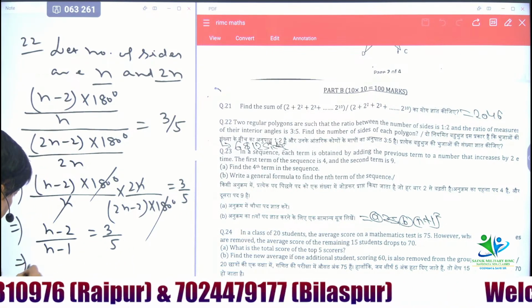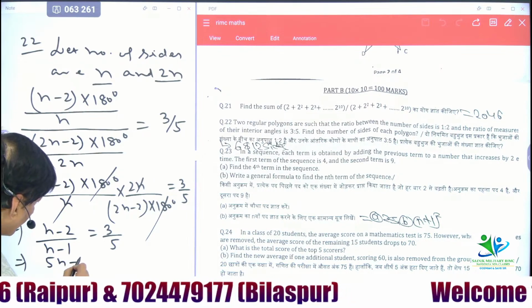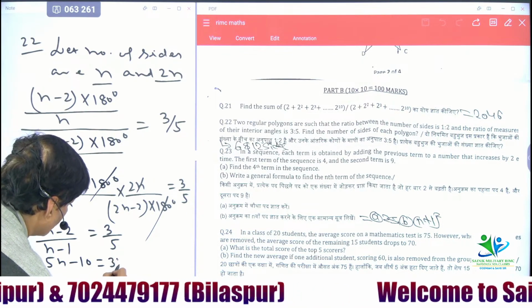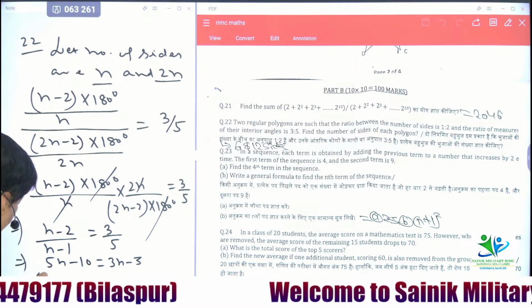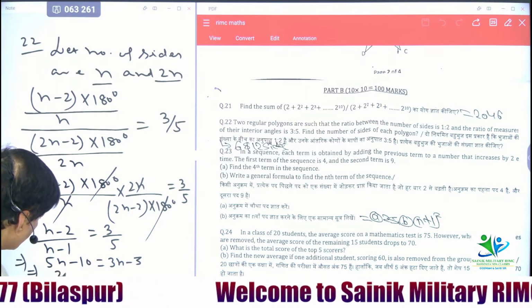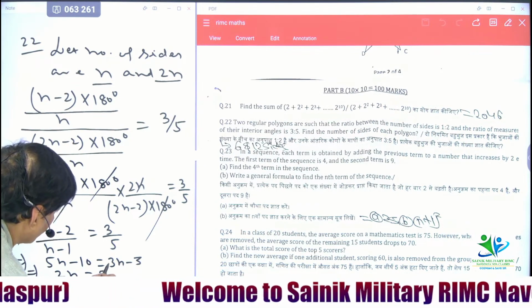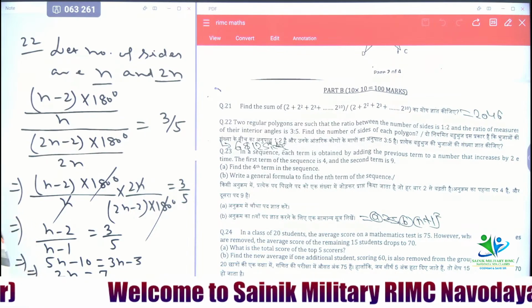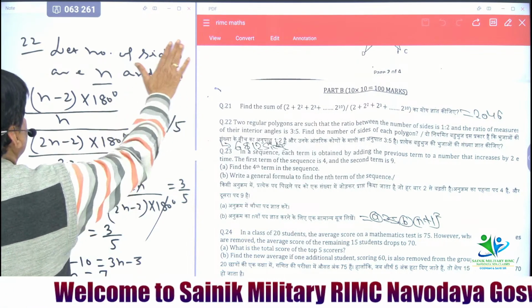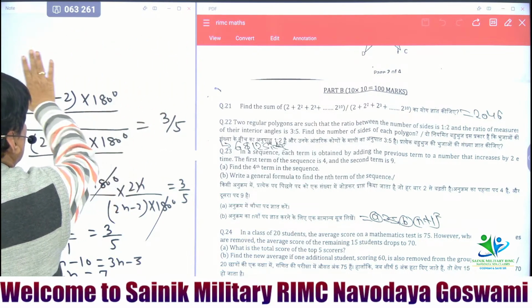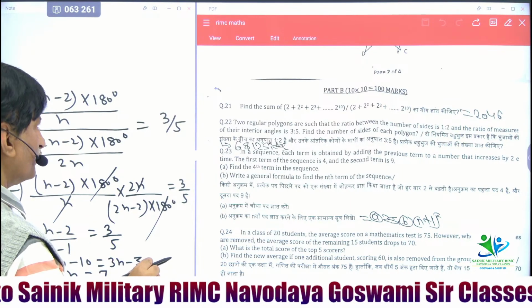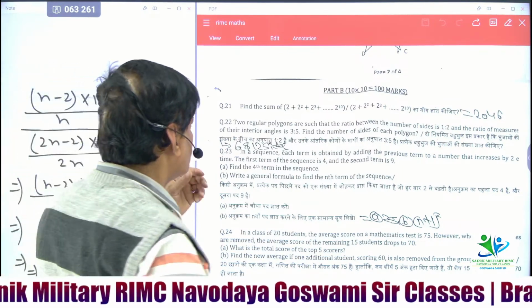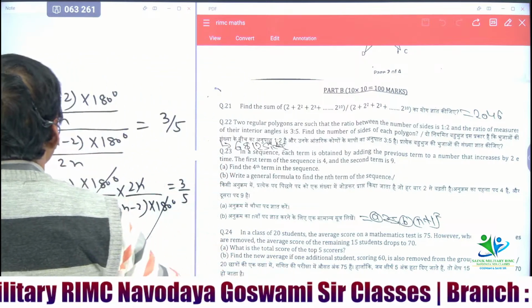By cross multiplication, 5n minus 10 is equal to 3n minus 3. And from here 2n is equal to 7. Here the number of sides of the polygon are n, and the question is to find the number of sides of each polygon.